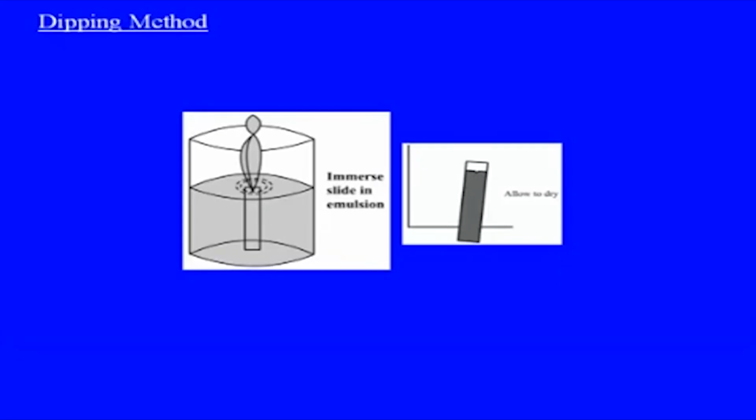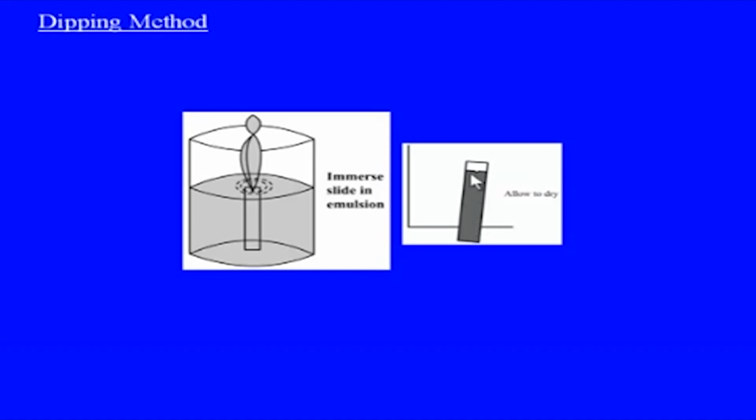Now, let us see each of them in these figures. In the dipping method, which is used for liquid emulsions, there is a liquid emulsion filled in this beaker, and you have a slide which contains the specimen or the sample. You dip the slide into the melted liquid emulsion, take it off, and then it is allowed to dry.